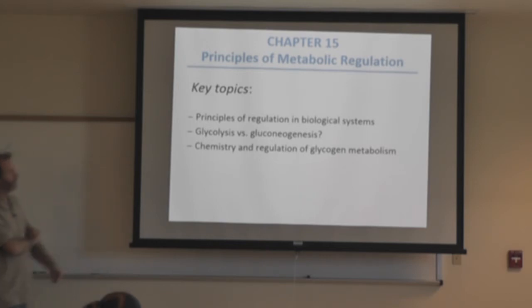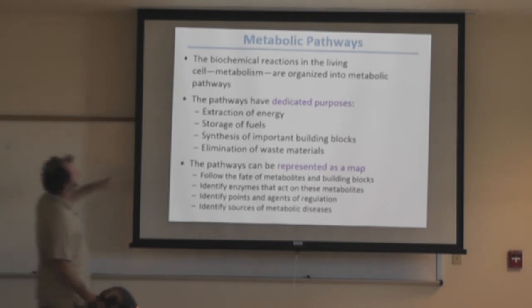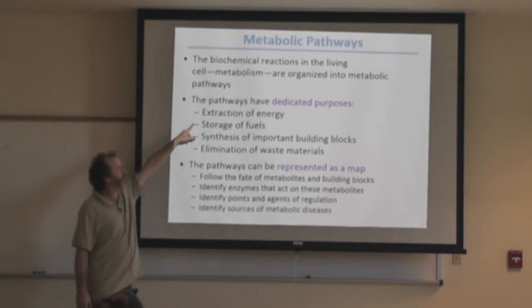Okay. So, anyways, key topics: principles of regulation in biological systems, glycolysis versus gluconeogenesis, and the chemistry and regulation of glycogen metabolism. Biochemical reactions in a living cell or metabolisms are organized into metabolic pathways.